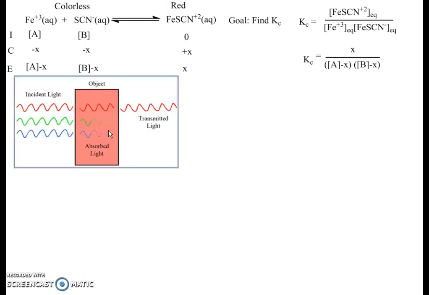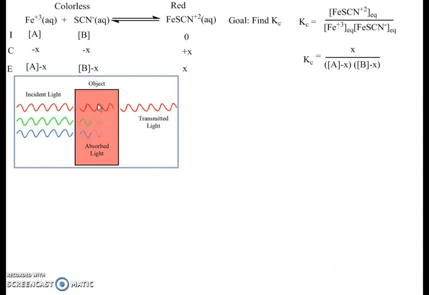What I have here is a really crude diagram of what happens when a red sample, like our red solution in today's experiment, absorbs light. When the light comes in from a light source, it's a mixture of all the different colors of light. We've got red, blue, green, and many others as well. It passes through the sample, and the blue and the green get absorbed completely.